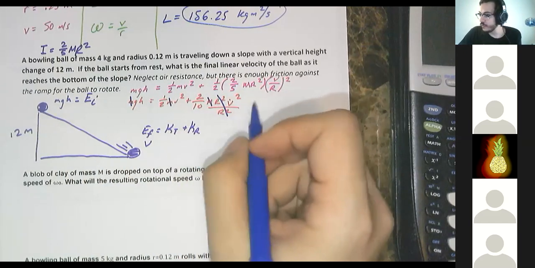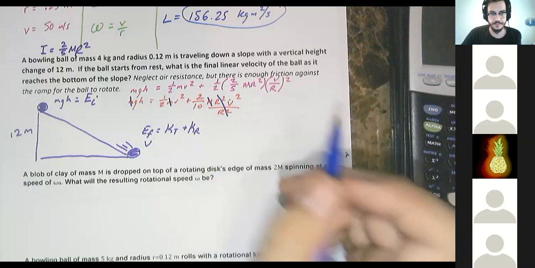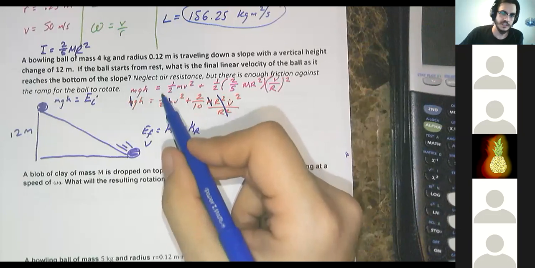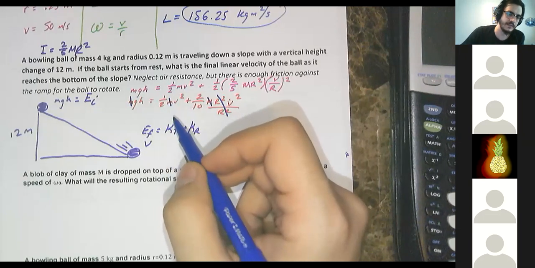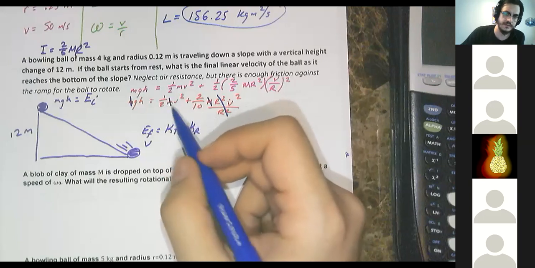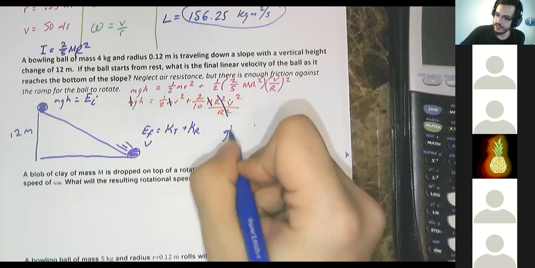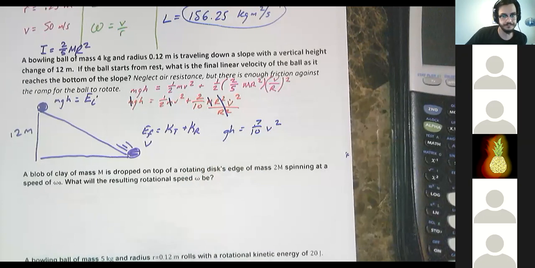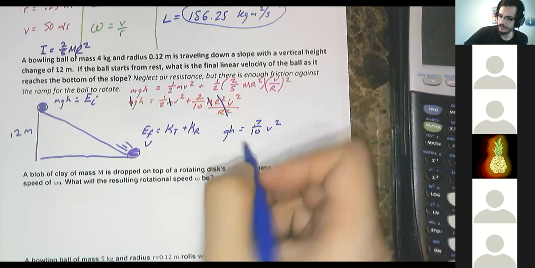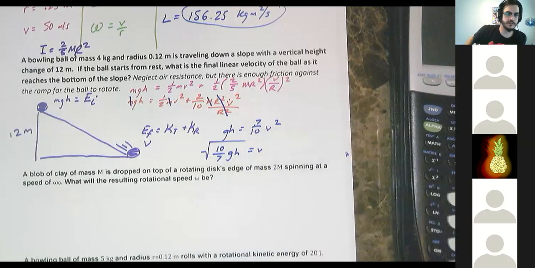All right, so we have 2/10 v squared and 1/2 v squared. To come up with a common denominator, this should probably turn into tenths. So 5/10 plus 2/10. gh equals 7/10 v squared. 10/7 gh, square root is v.